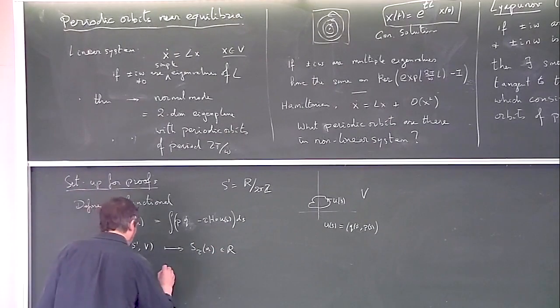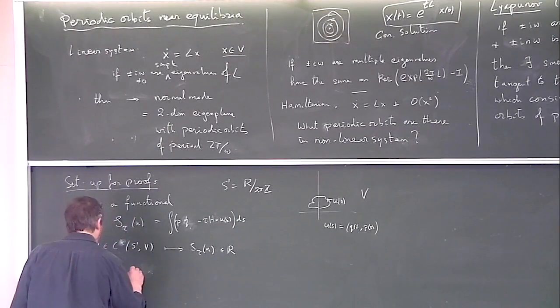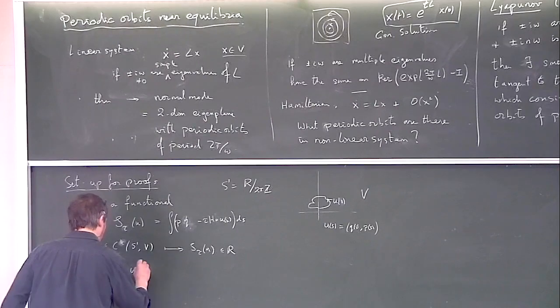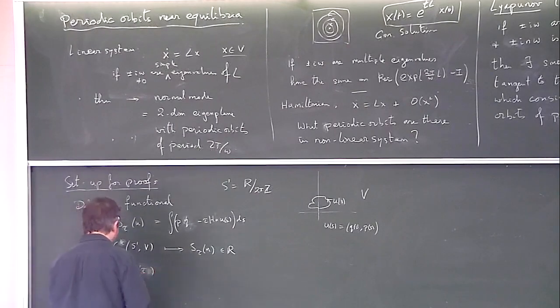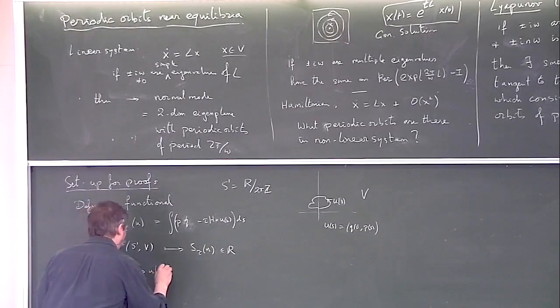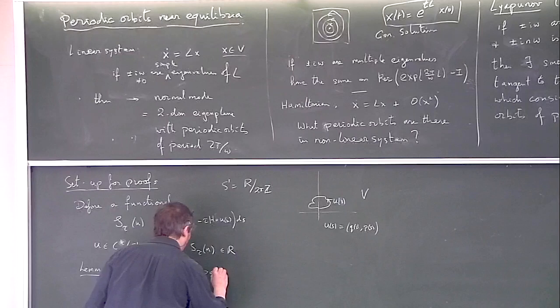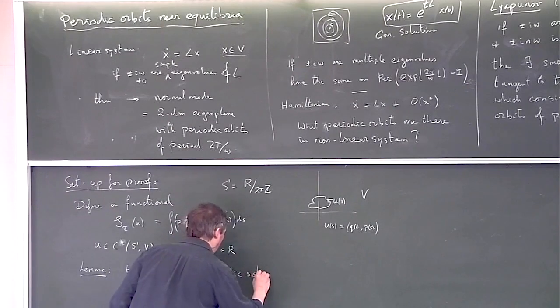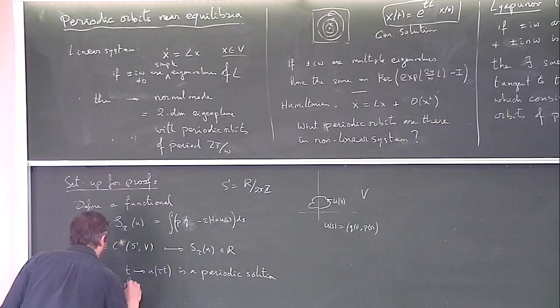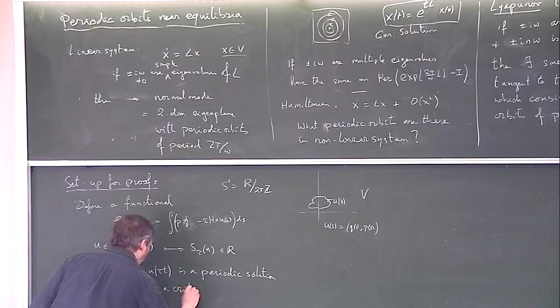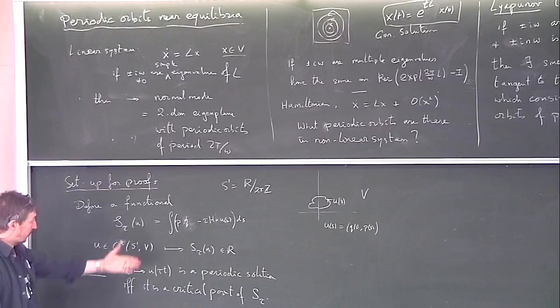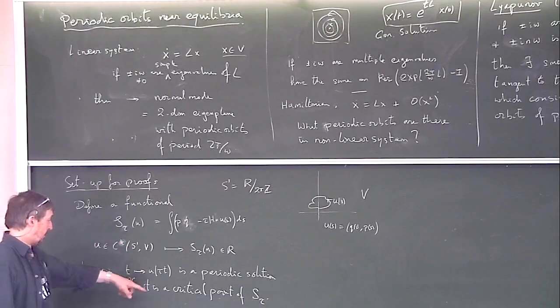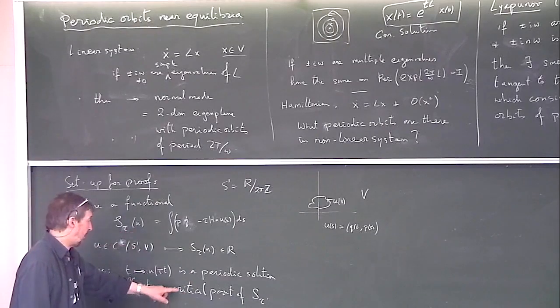So u is a critical point; we have periodic solutions if and only if critical points of this function will give me periodic solutions.